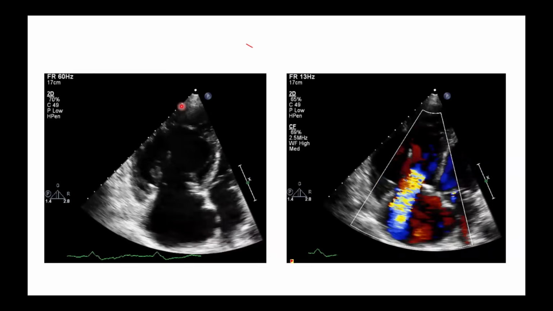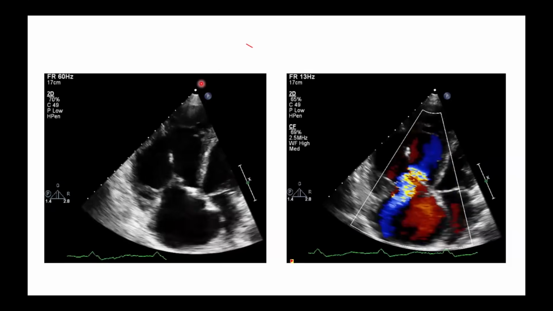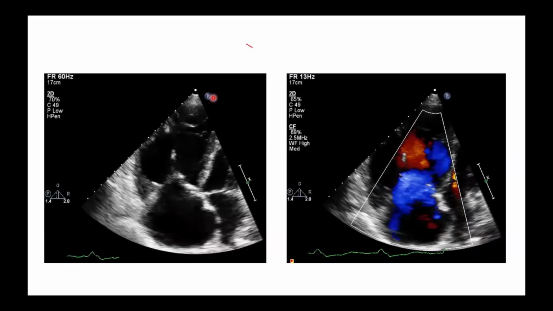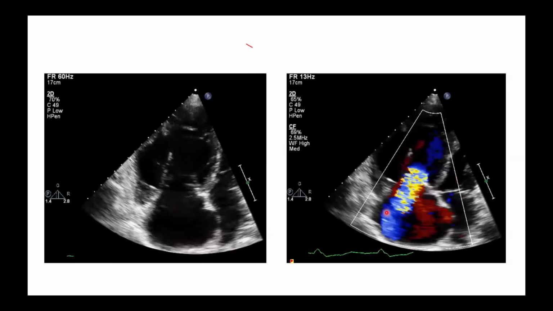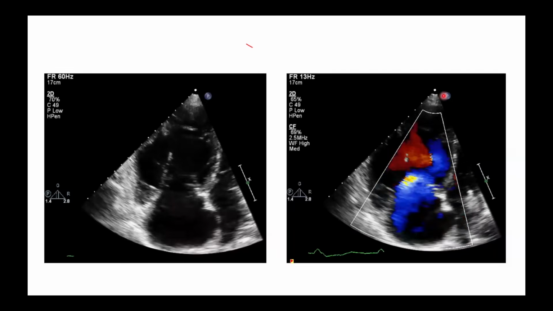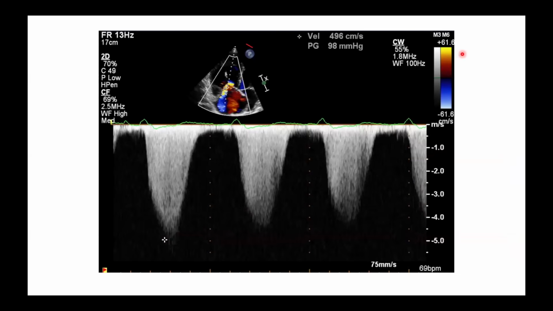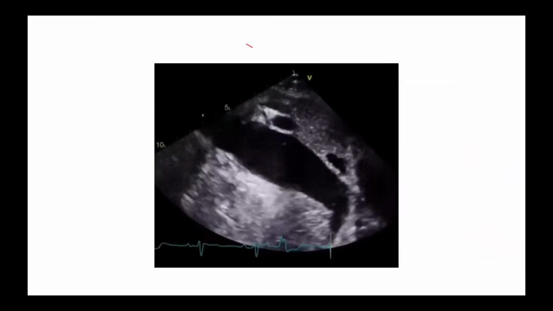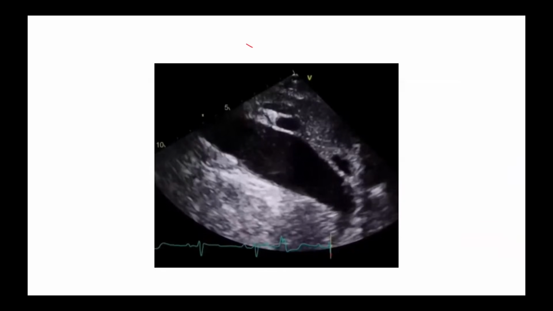It's cut off a little bit here, but this patient did also have apical traction where this RV apex is very leftward towards the LV. You can see here on the right, he has significant severe tricuspid regurgitation. And so this was his TR velocity, and he came out to about 5 meters per second. This is his IVC here. So very dilated, not collapsing.